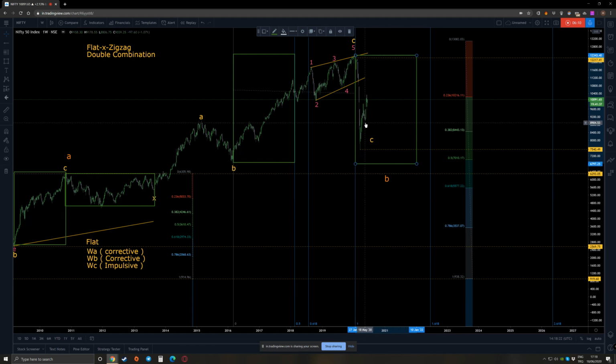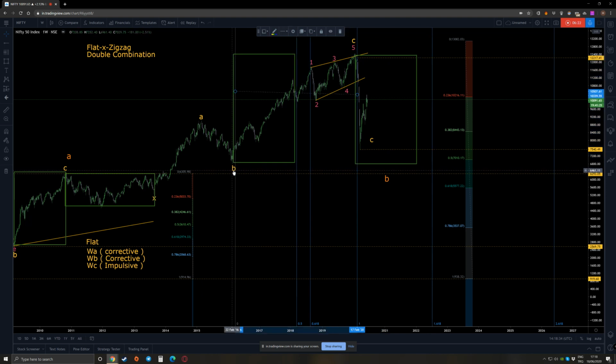Now, as you can see, the price didn't do that, but in fairness, it still had time. But if I put wave B not here, but here, it looks better to my eye. This is why I did it.